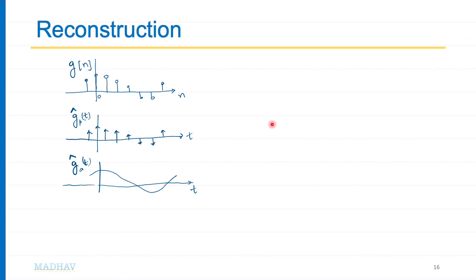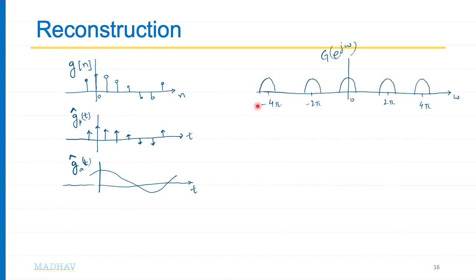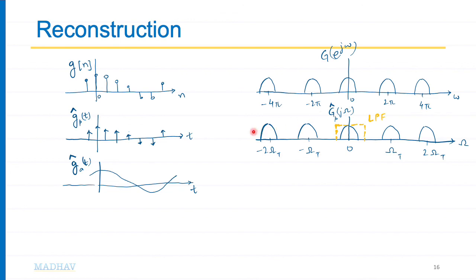Now, what does it mean in the frequency domain? You have your G(e^{jω}), which is the DTFT of your discrete time signal, and then from G(e^{jω}) you have to construct G_p(jω), which is the continuous time thing.